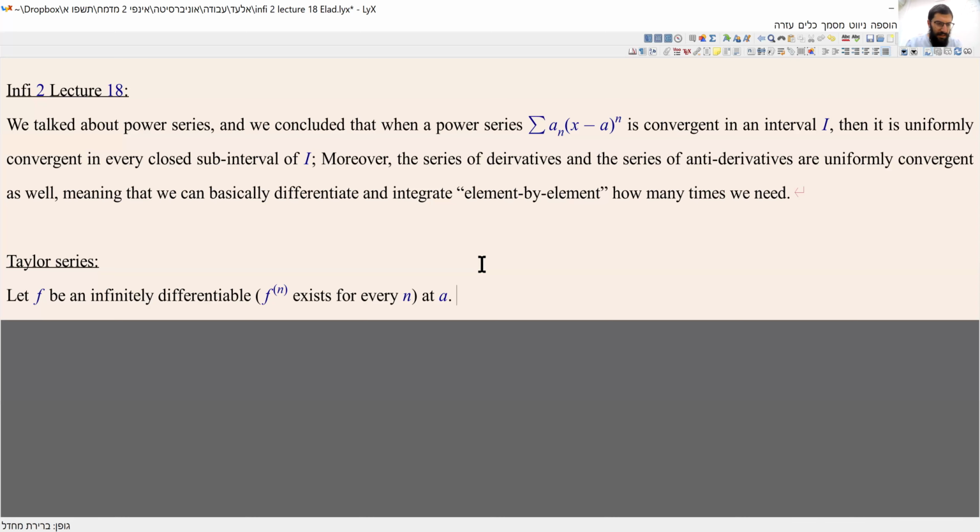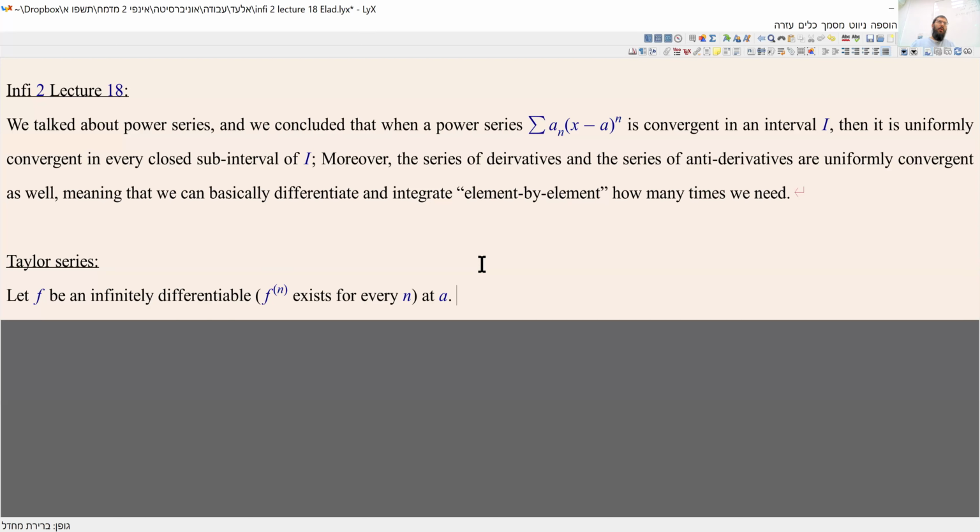Now, as I mentioned, we will see it on Tuesday. It is not enough. There are functions infinitely differentiable at some point a that you cannot express as a power series.